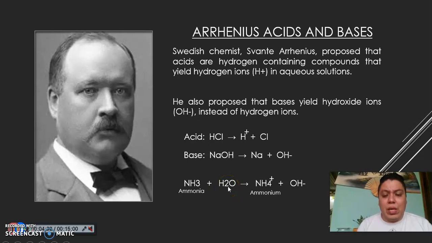So, in a decomposition reaction, so to speak, ammonia is going to remove one hydrogen from water, which will eventually become hydroxide, and the ammonia will become ammonium with the extra hydrogen ion that it took from the water. So, because of this contradiction, Arrhenius' theory had to be revised.